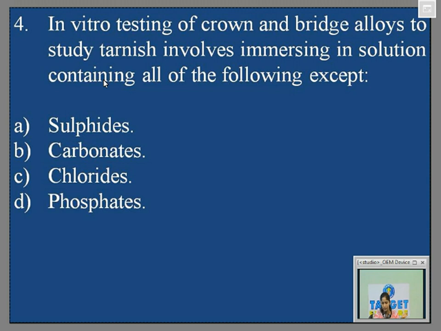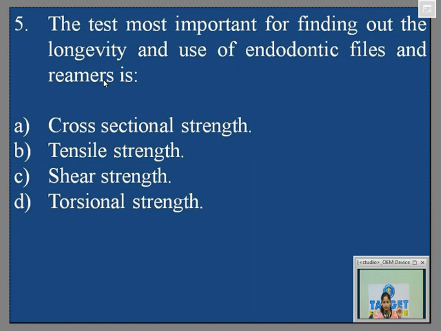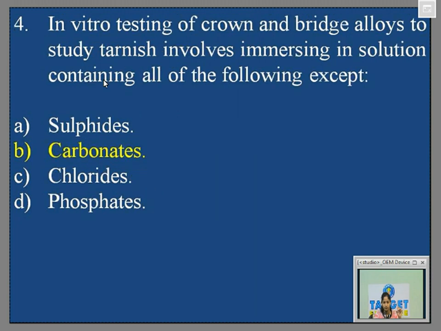The answer to the fourth question is B, that is carbonates. Now please remember, whenever a question is related to tarnish, that is the solution used for the tarnish experiment: sulfides are used when you are testing an alloy which is a noble metal.